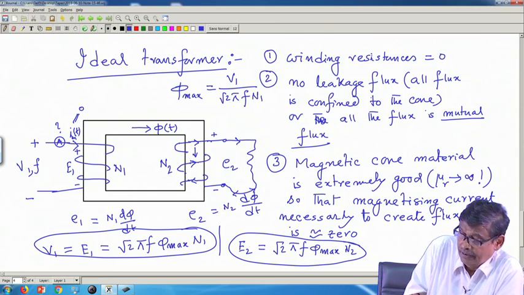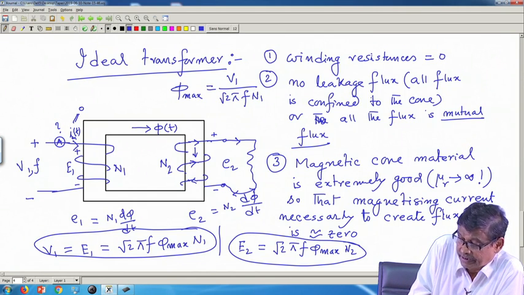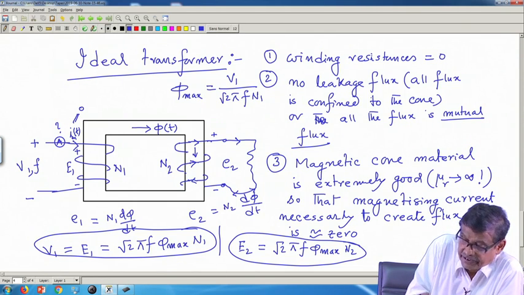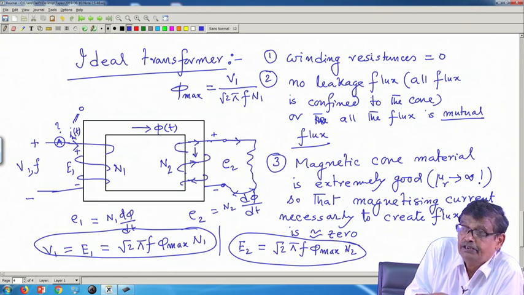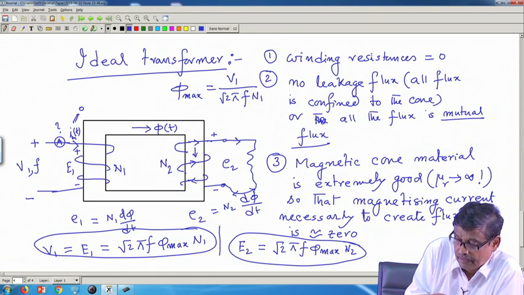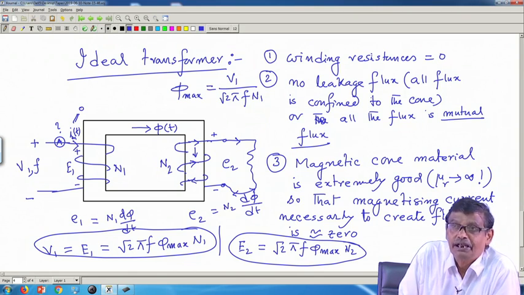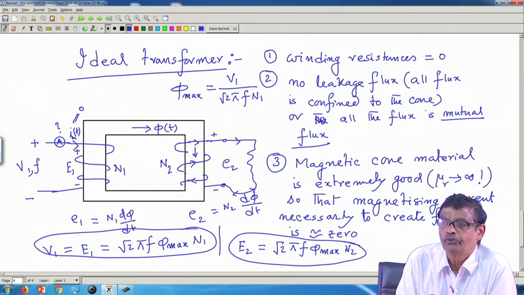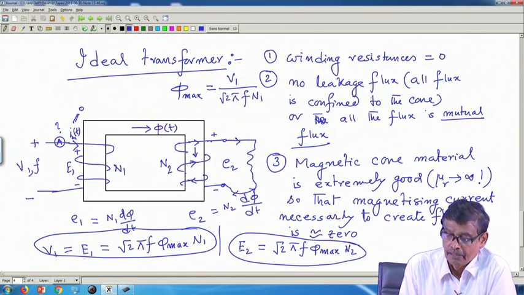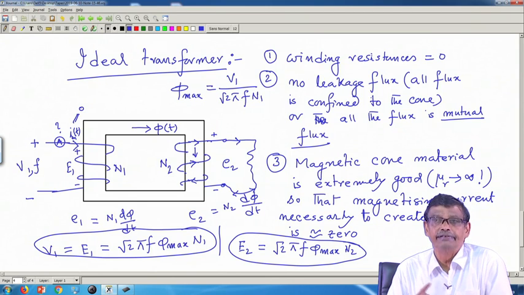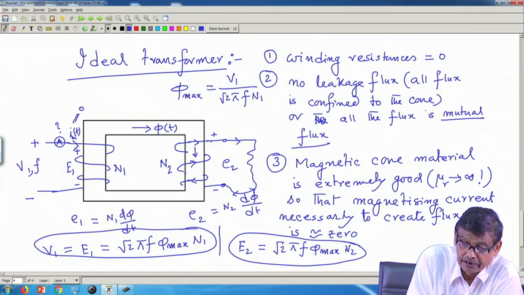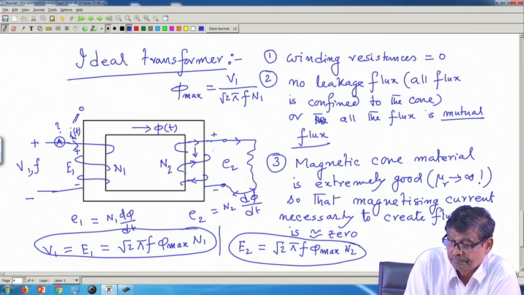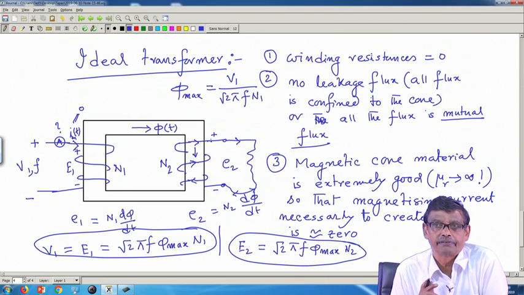So this coil, when it delivers current, will create flux in a direction opposite to this phi t which has been created by this one. So it is trying to oppose the very cause for which it is due. Therefore, at a given instant of time, if this terminal is plus, this terminal is also plus.